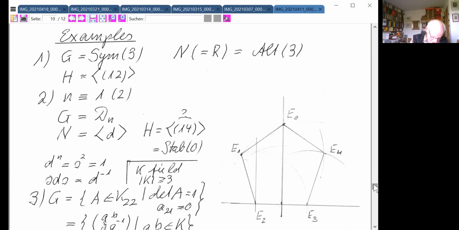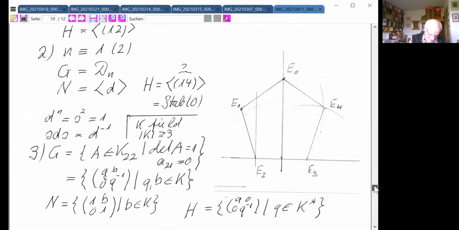Much more interesting, I think, is the following. If K is a field with at least 3 elements, we consider the triangular 2 by 2 matrices with determinant 1.